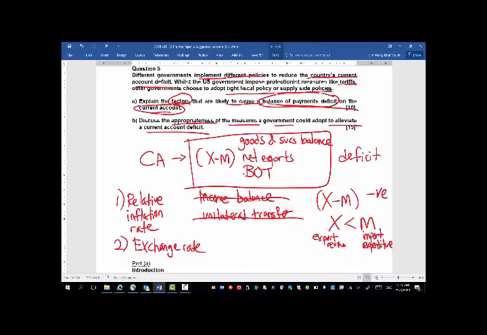So what happens? Assuming Marshall-Lerner condition, this appreciation will lead to a fall in your X minus M. And assuming your X minus M was originally at equilibrium, this fall in your X minus M would move your balance of trade position to a deficit.